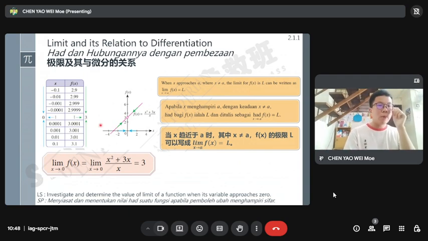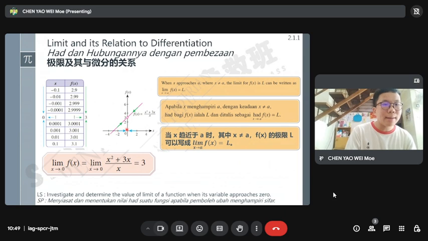When x is 0.1, I substitute this number into the equation, and I get the answer 3.1. If you try to plot all the graph here, then you will realize that when x approaches a, but x cannot be equal to a, we can say that the limit of f(x) when x approaches 0, of (x squared plus 3x) over x, is 3.